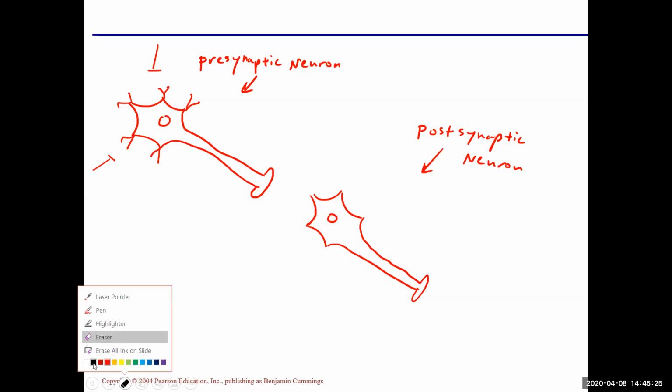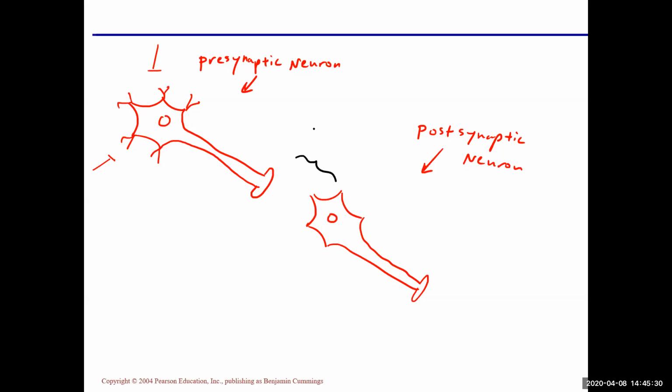This area right over here is known as the synaptic cleft. The synaptic cleft is the area in which the communication takes place.